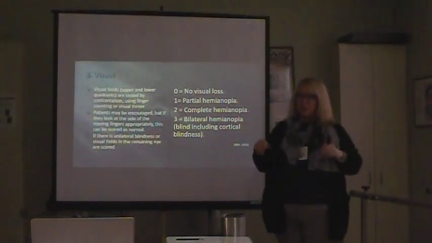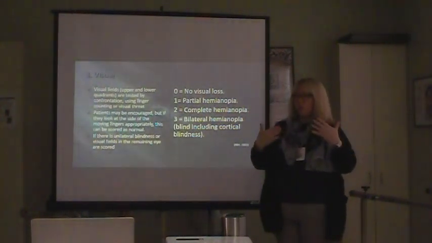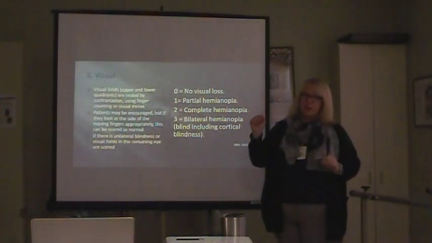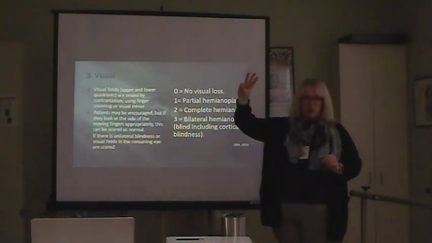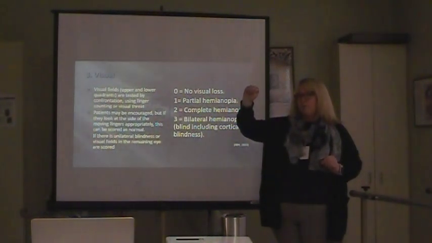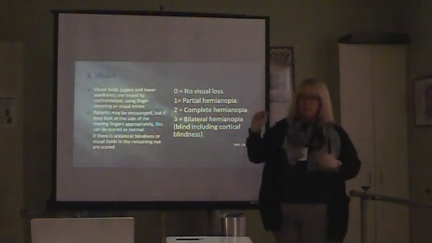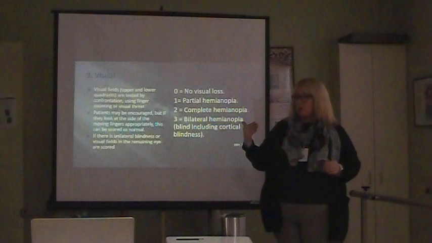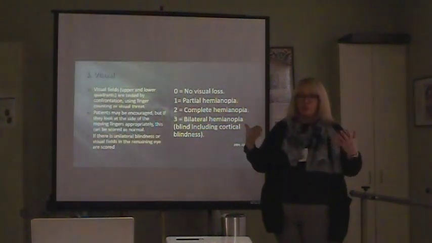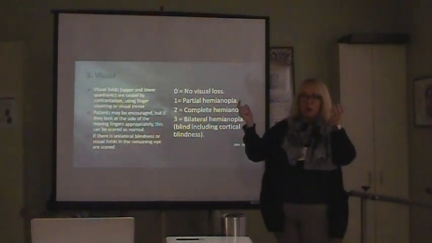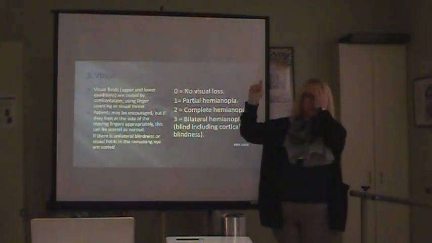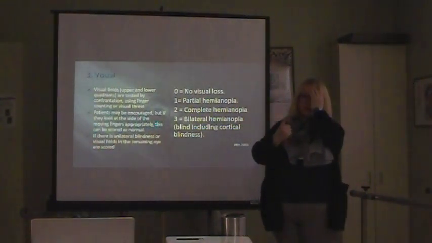Now the way I typically test it, if you've got somebody who's communicating really well with you, I do a 1, a 2; 3s are sometimes hard to see when you're doing the quadrant testing. Another way to do it is if you're having somebody who has verbal speech and they only say yes, no, things like that, I have them say either now or yes when my finger is wiggling in each quadrant.